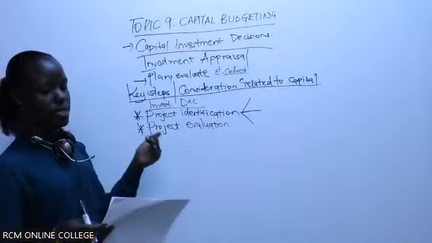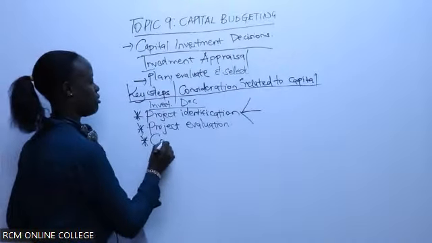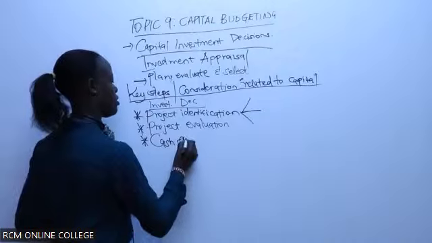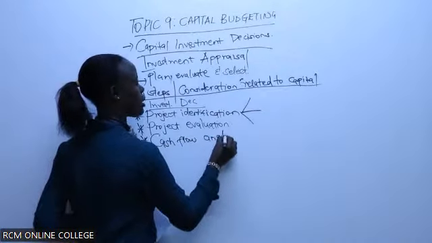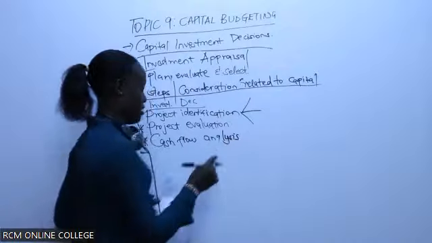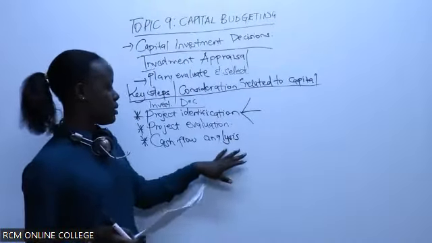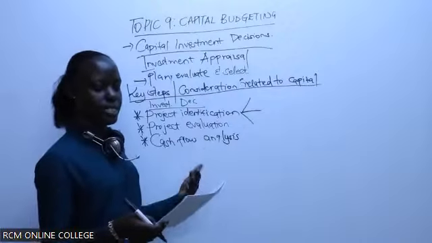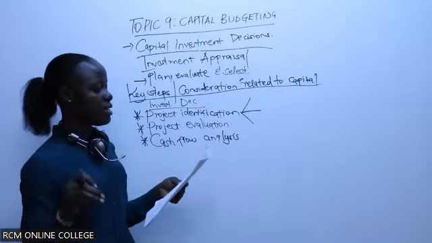Once you do a project evaluation, now you will do the cash flow analysis. After a project evaluation, you do a cash flow analysis. We are told that this is the step that will involve, for instance, estimating the expected cash flow associated with the investment.